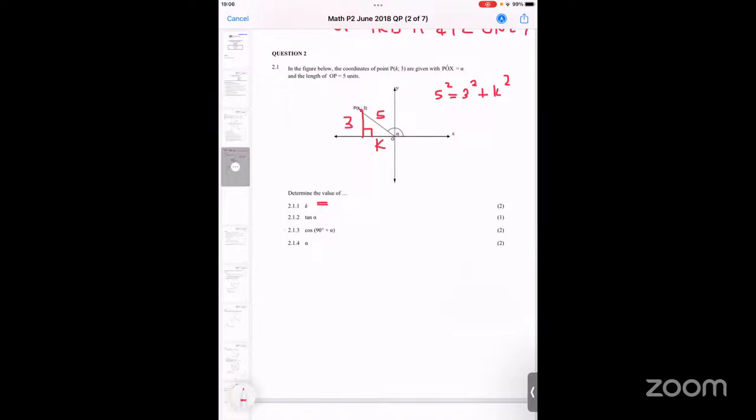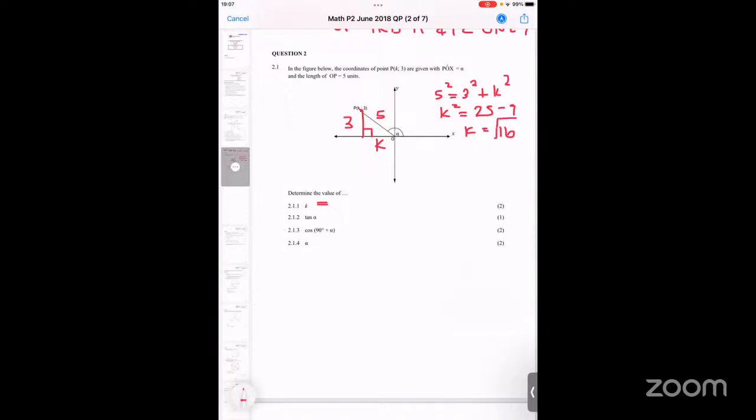Then I took 3 squared to the other side, so we end up having 25 minus 9, which will give me 16. Then I square root 16.